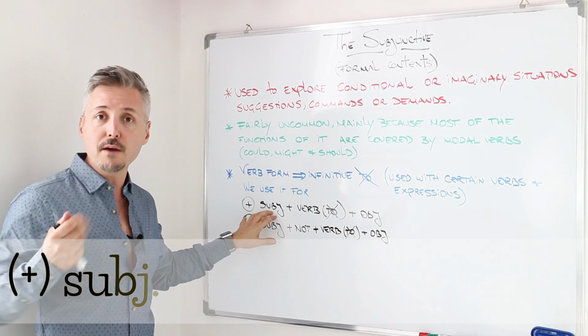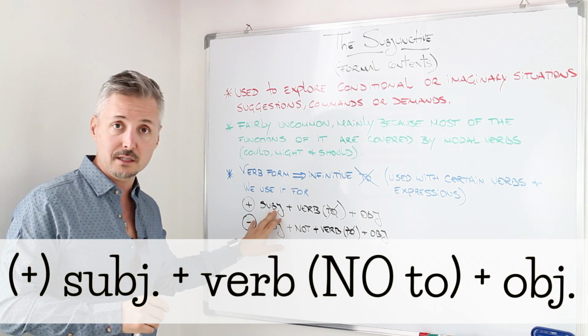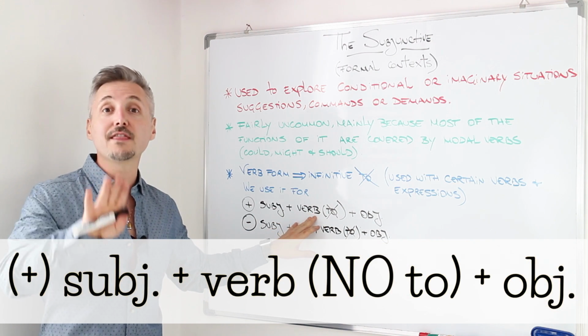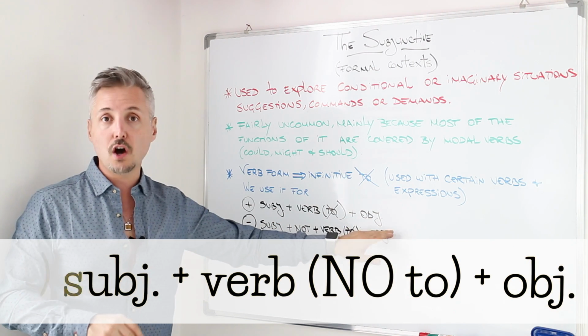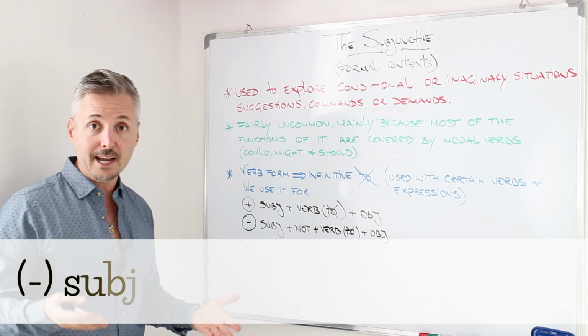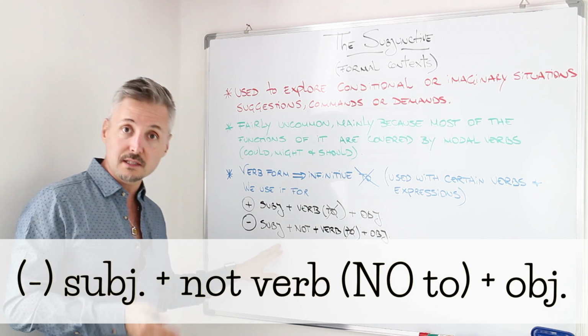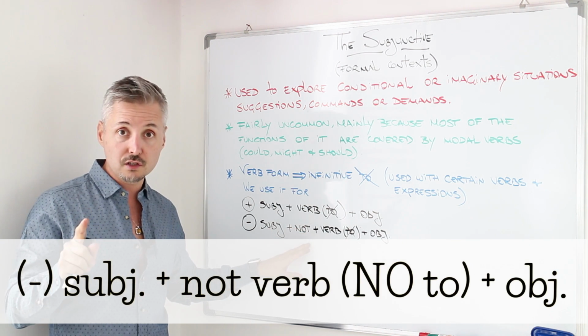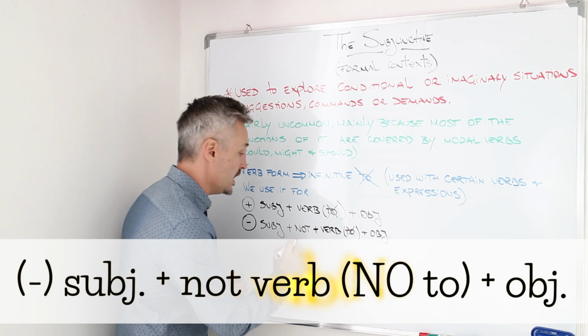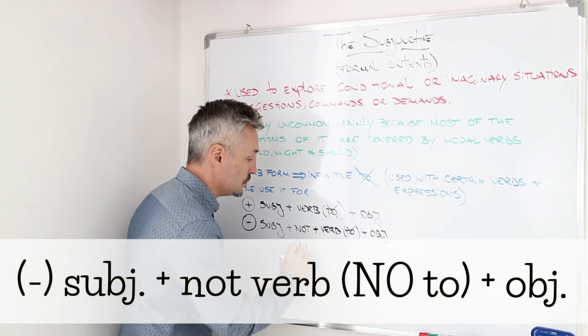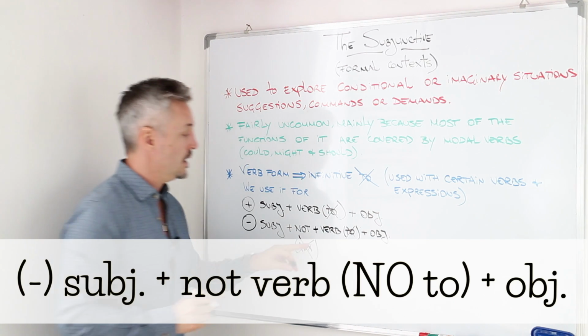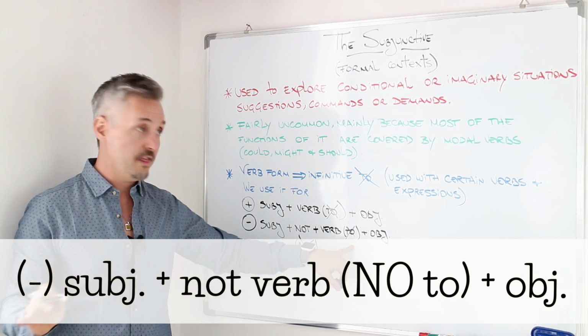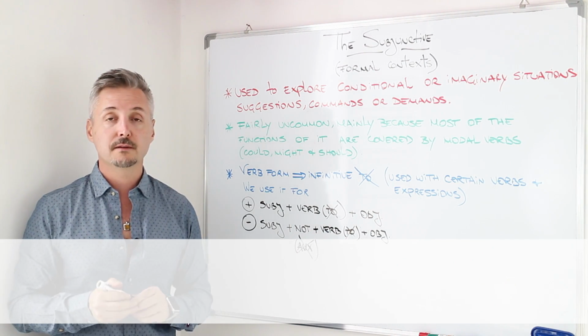So, for example, for a positive, we use the subject plus the verb without to plus the object. For a negative instead, we use it with a subject plus not, so no auxiliary here, plus verb without to plus object.